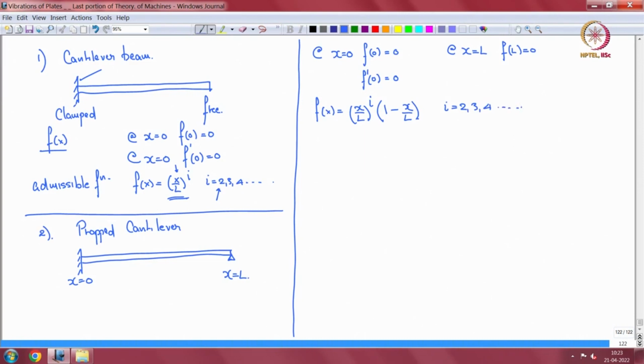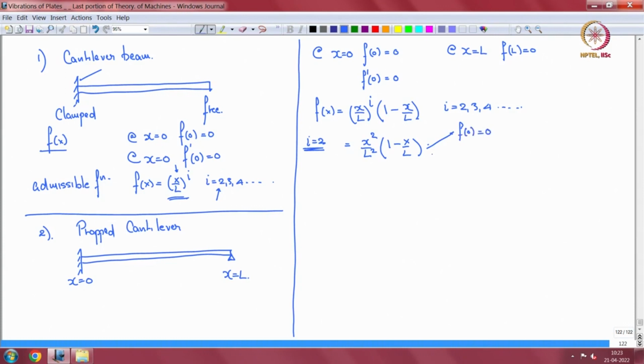Say we take i equal to 2. What we have is x square by L squared times 1 minus x over L. So definitely f of 0 will be 0.